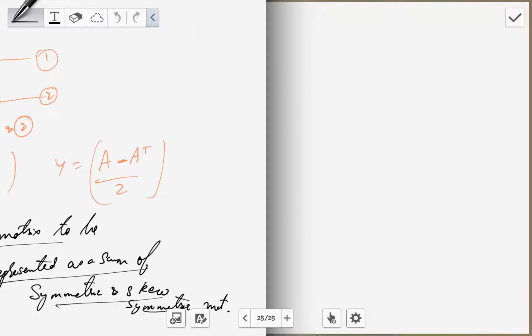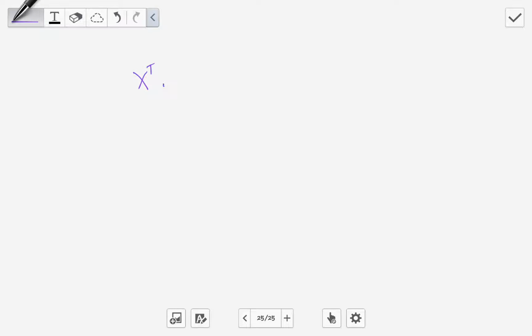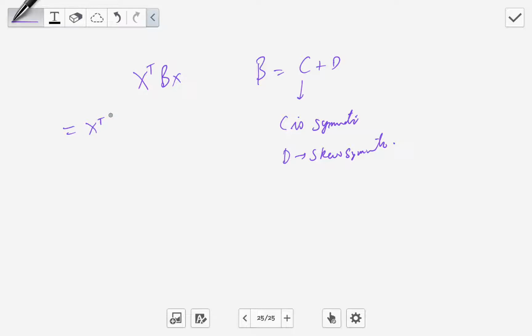So now let us have this quadratic form, x transpose Bx, say B is any matrix. Now let B be represented as C plus D, where C is symmetric and D is skew symmetric. So we'll have x transpose (C plus D)x, which is x transpose Cx plus x transpose Dx.